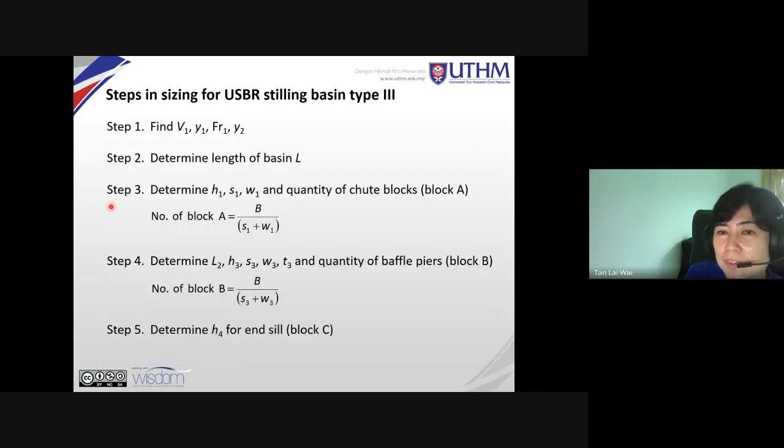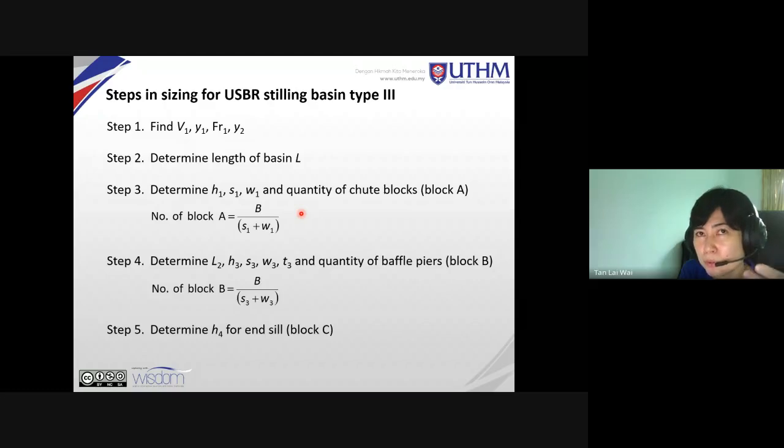Now, these are the steps. Bear in mind, I provide these steps to help you. If you have done the exercise a few times, you probably don't need to memorize these steps because it comes naturally to you, right?